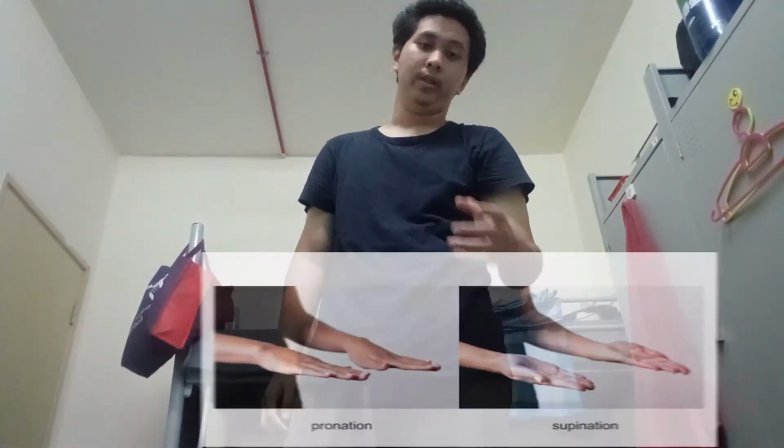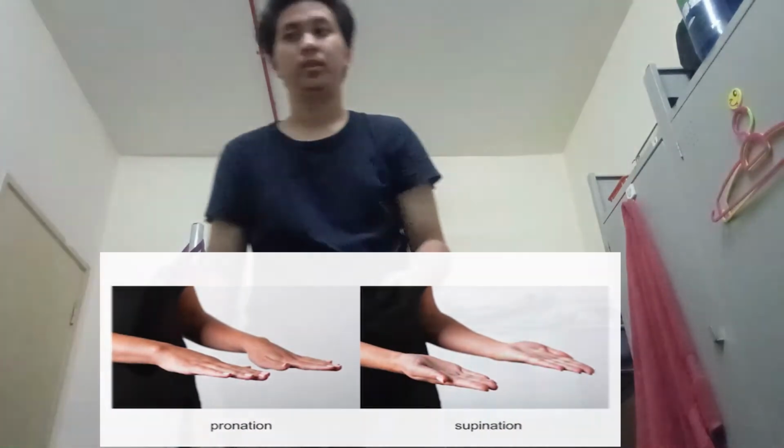The forearm also has supination and pronation. For pronation, your palm moves to face downwards, and for supination, your palm moves to face upwards. So this is pronation and this is supination.